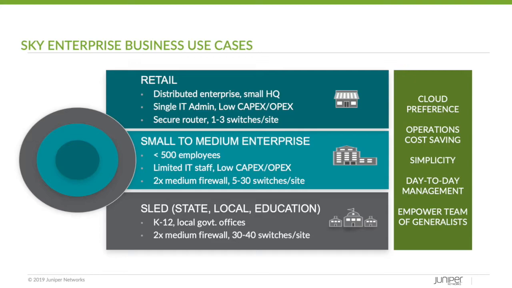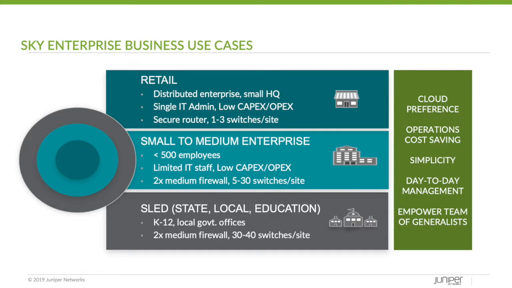All right, here we've got some SkyEnterprise business use cases, just some general guidelines or talking points around some of the customers that we have connected to the platform. Definitely retail, where it's a distributed enterprise, lots of little locations all around the globe. The single IT admin, definitely low CapEx, OpEx sensitive.